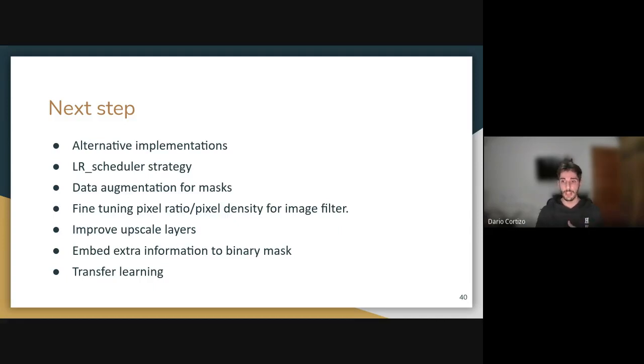Then improve the upscaling layer from the U-Net architecture, because this gave us problems with the checkerboard effect that we kind of solved by increasing resolution. Maybe embedding an extra layer of information on the mask, like labels or a splash of color, and then transfer learning, maybe using some pre-trained architecture.